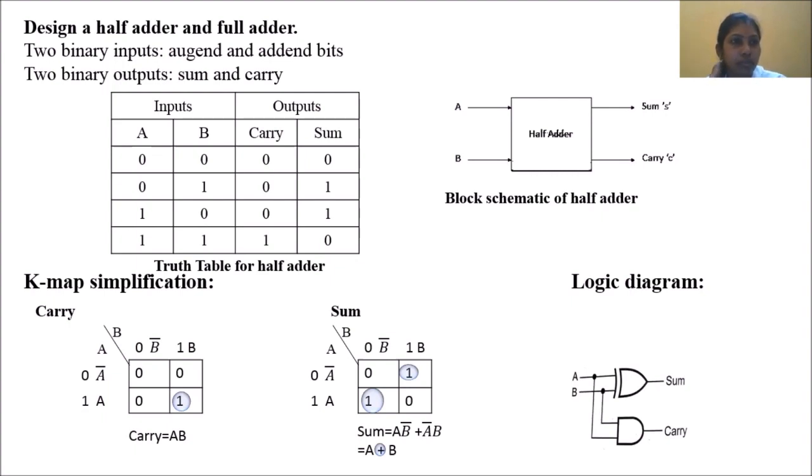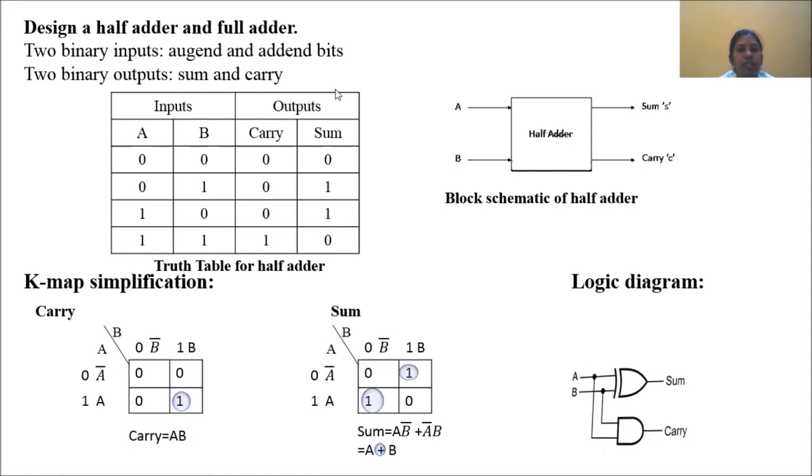The two binary inputs are called the augend and addend bits, and the two binary outputs are called sum and carry.